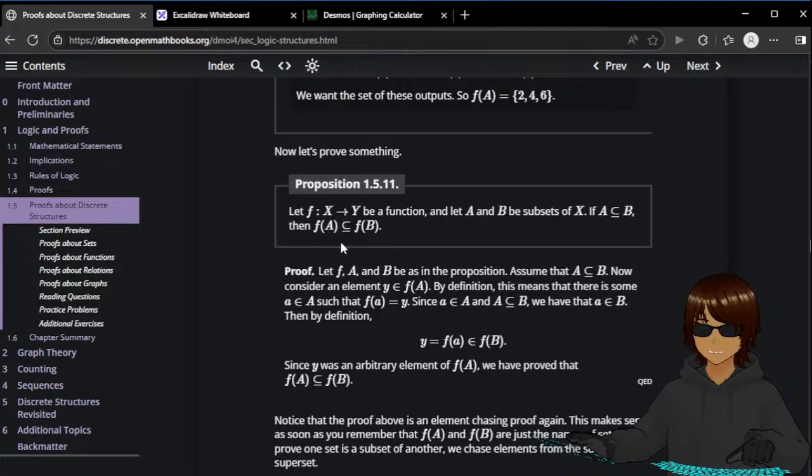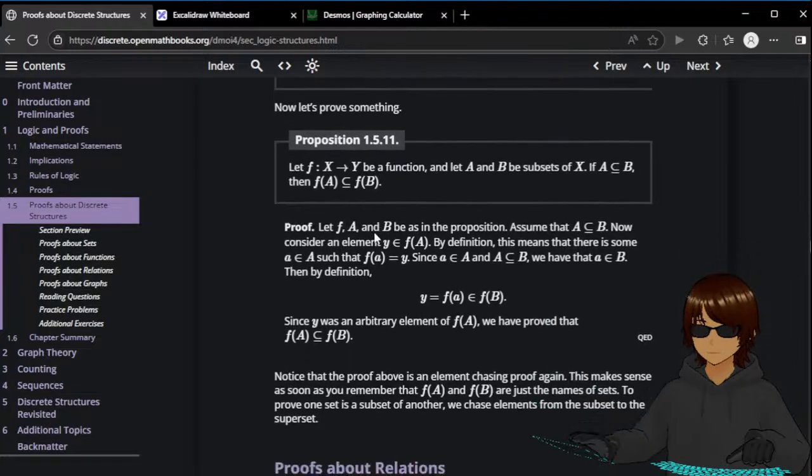A and B are subsets of X. A is a subset of B. Okay, I understand.